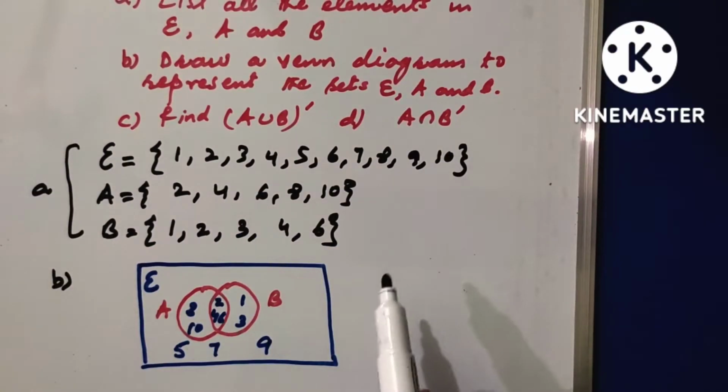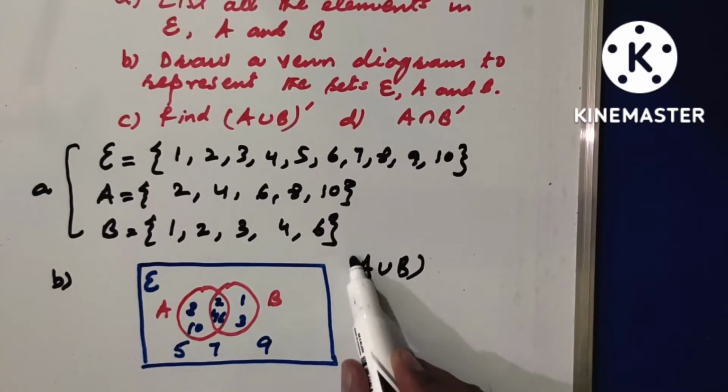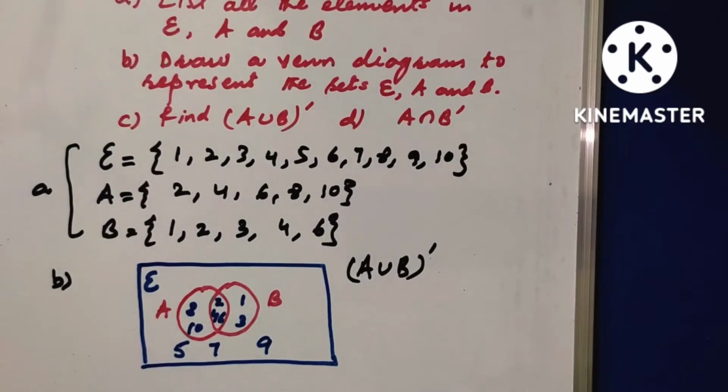Now we have to find out C part, that is A union B whole complement. It means that delete these elements of A union B from universal set, or do not consider the elements of A union B and write the elements of universal set, 5, 7, 9, as A union B whole complement.